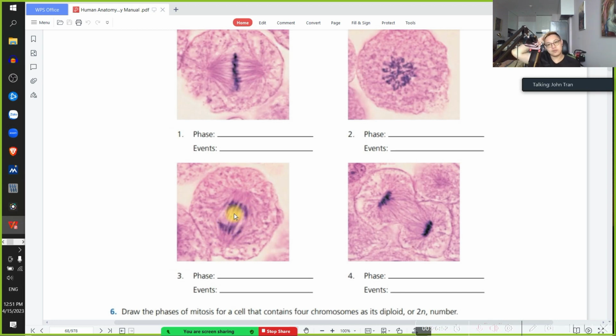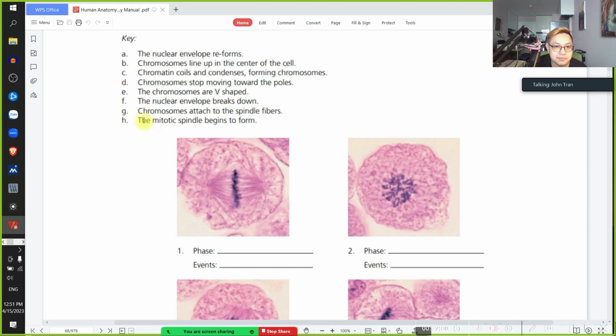When they move, they start to form the V-shape, right? So chromosomes start to form V-shape. What else? Còn gì nữa? And chromosomes start moving toward the pole, right? But there's no option. Không có option đó.